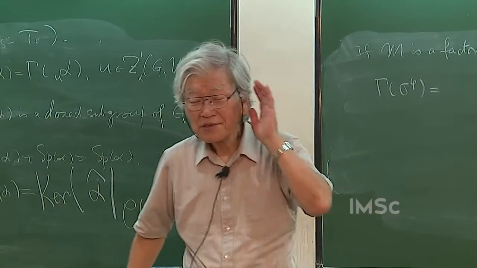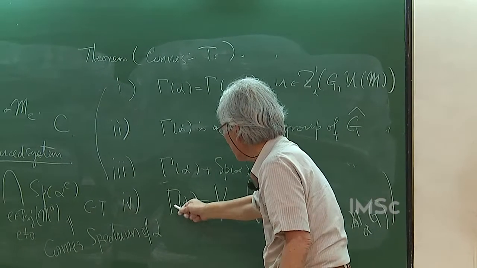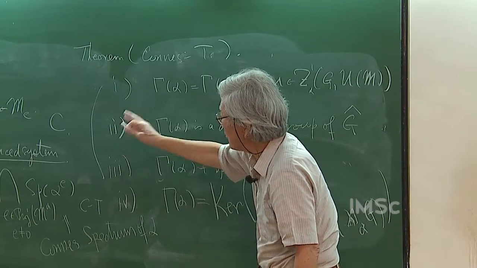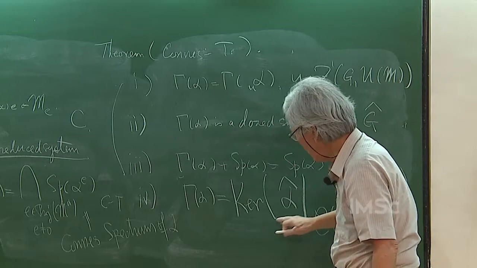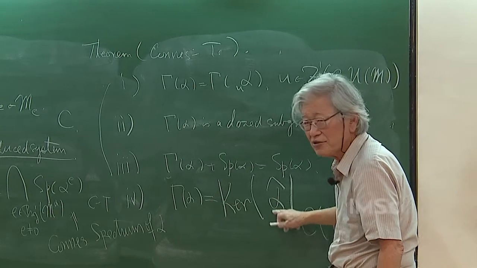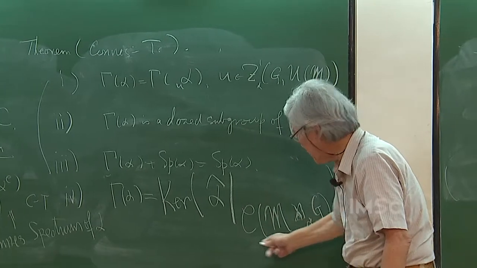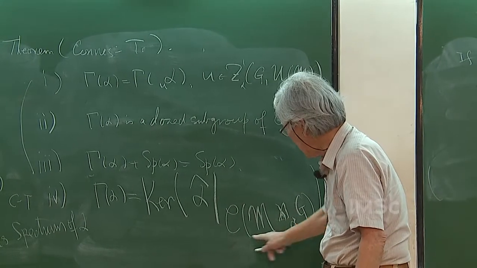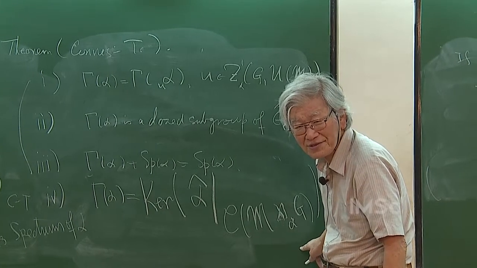What is the last statement? The fourth statement: the Kohn spectrum gamma of alpha is the kernel of the action of the dual group restricted to the center of the cross product.